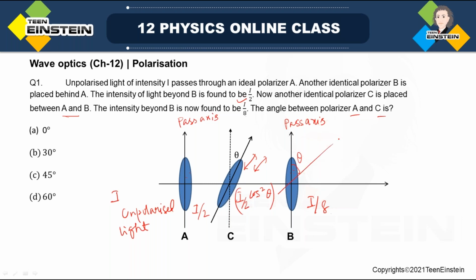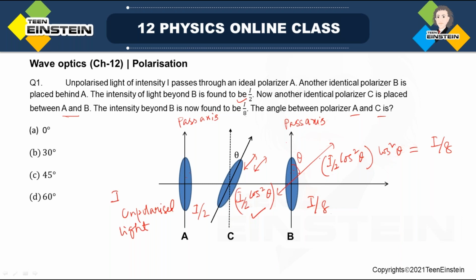Then we have to find the component of this. So here also the intensity will be cos square theta and another cos square theta, right? So this is how we can get the intensity I by 8.